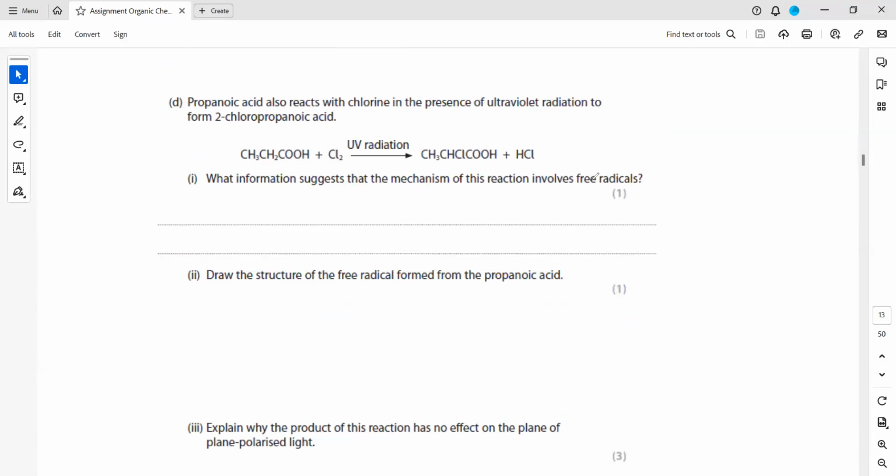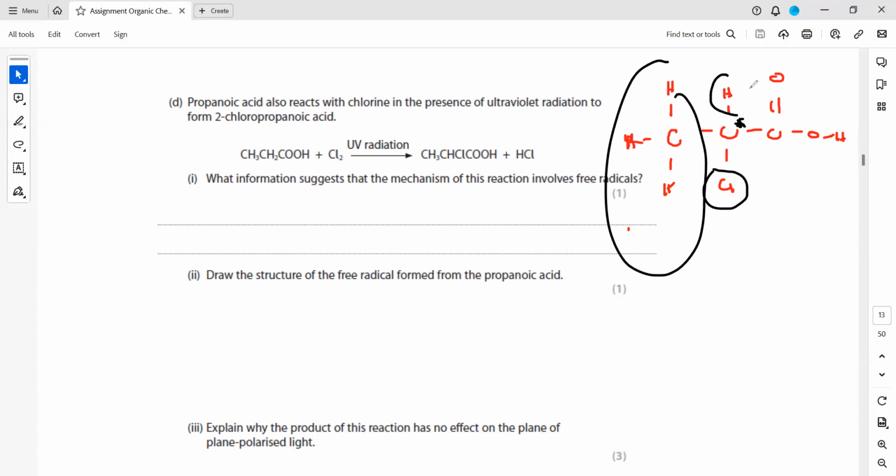When we draw the structure of the product, this is CH3, this is CHCl, and this one is C double bonded with O and OH. So this is a chiral carbon, with 1, 2, 3, and 4 different groups.